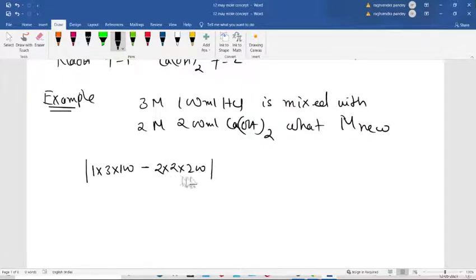That is for calcium hydroxide, and this is for HCl. Now divided by 100 plus 200, so that will become 300.